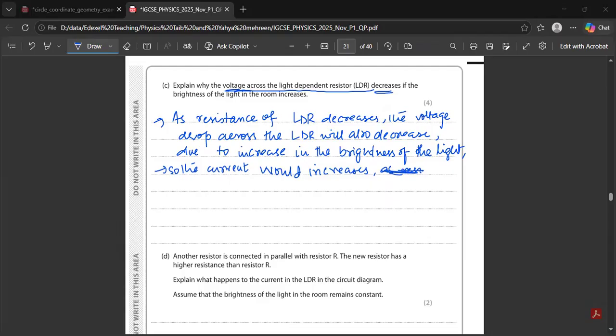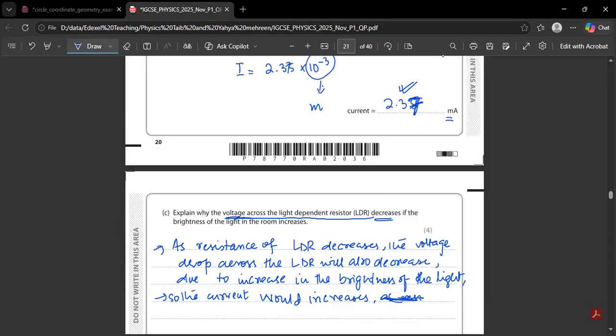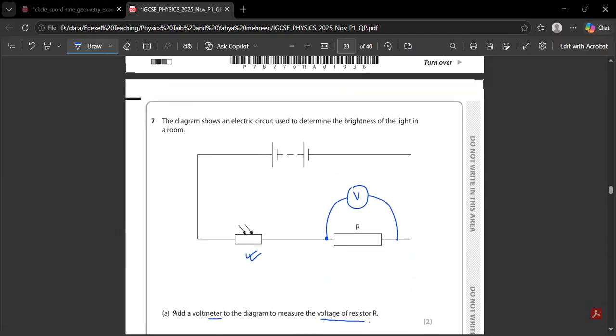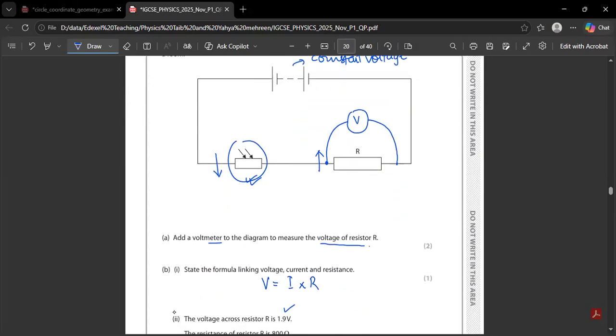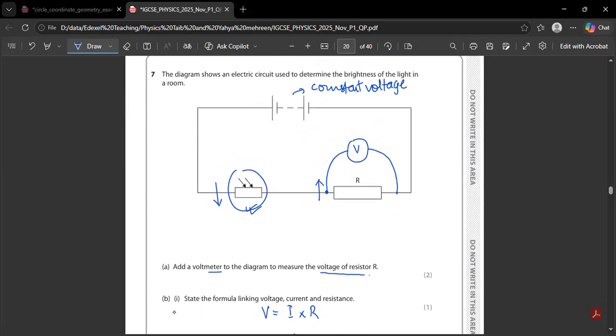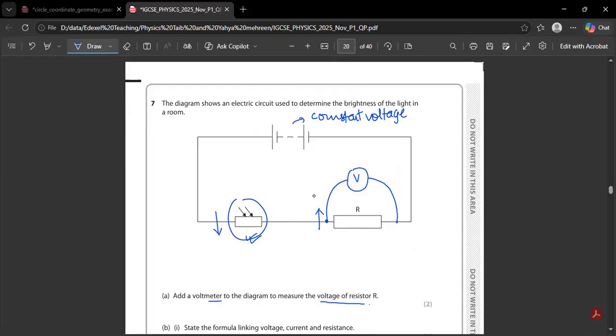So now the voltage supply is constant, right? Here's a constant voltage supply. So if the voltage across the LDR decreases, the voltage across the resistor increases, so that we can have the same voltage dropped across the entire circuit.